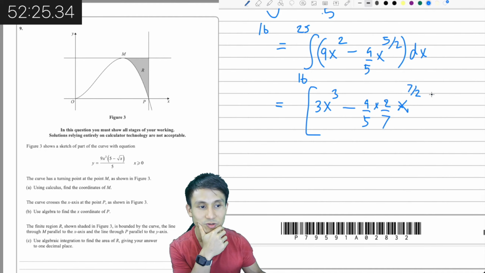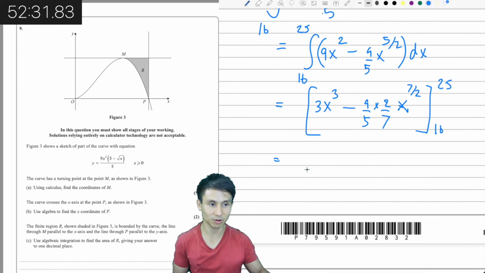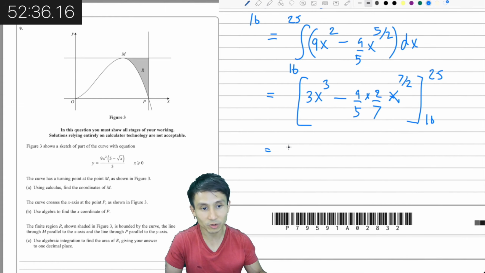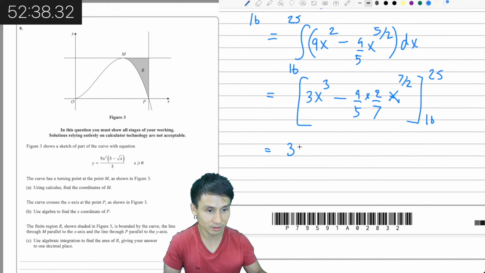If we substitute the bounds in, 16 to 25, we're going to get the area under the curve in that part. I prefer to do it this way when I substitute the bounds in an integral. I have 3, so this is 25 cubed minus 16 cubed for that.